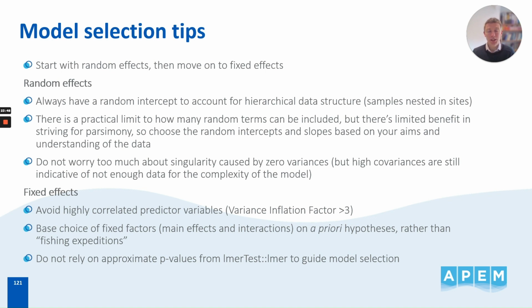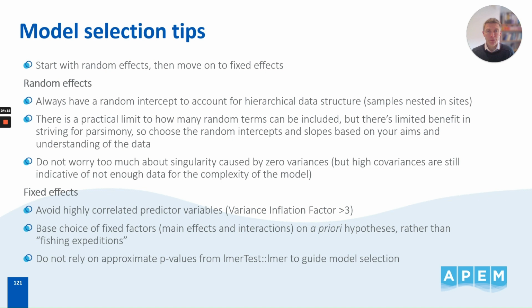If a particular random term has a zero variance, then it's going to be having no effect or contribution to the model whatsoever. However, high covariances, where the intercepts and the slopes are strongly positively or negatively correlated, can be more the grounds for concern. And in that situation, we may wish to consider simplifying our model by dropping some of the random slope terms.